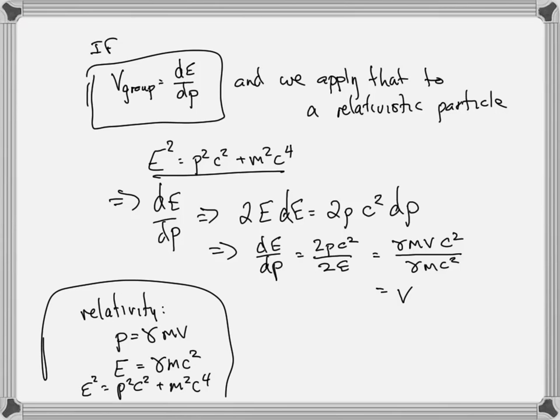That makes sense, right? If a particle is being represented by a wave packet, the group velocity is the velocity of the wave packet, of the envelope term. And the velocity of the envelope term better be the velocity of the particle if it's representing a particle. So we've just shown that. That's great.